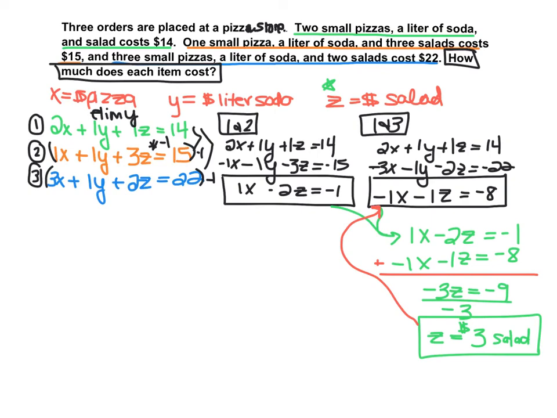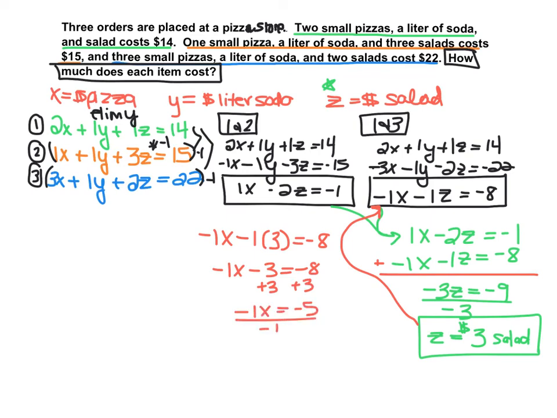So here if I substitute, I have negative 1x minus 1 times my z value, which is 3, is equal to negative 8. So I have negative 1x minus 3 equals negative 8. If I add 3 to each side, negative 1x is equal to negative 5.